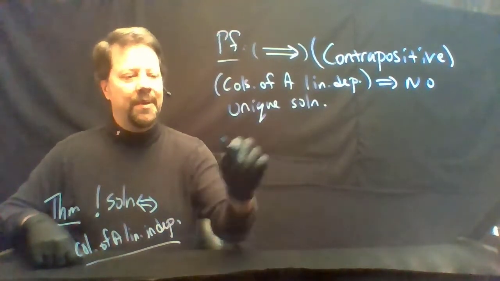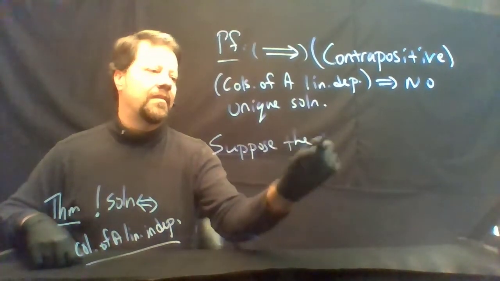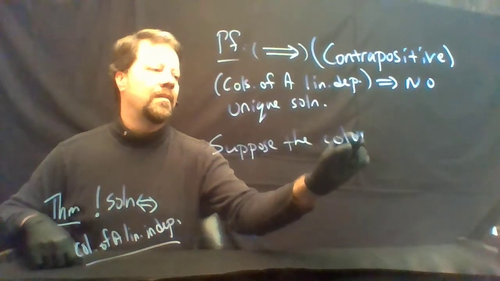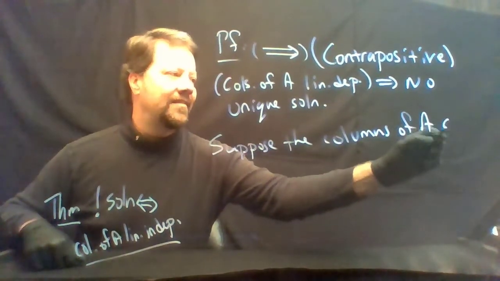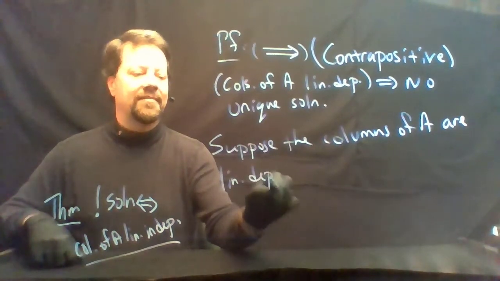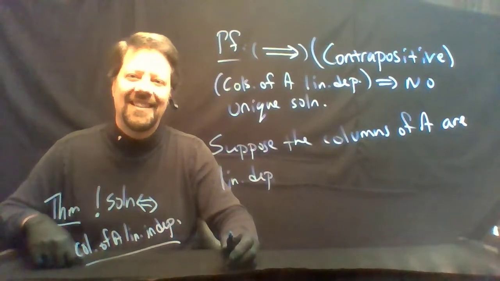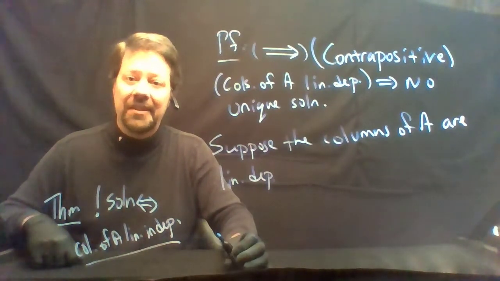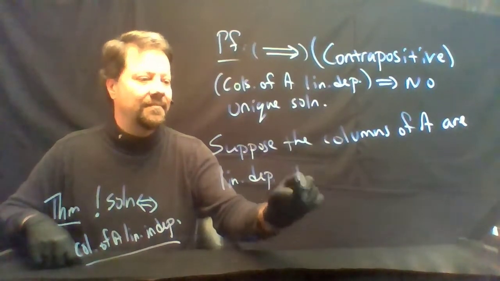So we're going to suppose the columns of A are linearly dependent. What does that mean? That means there's a non-trivial linear combination that gives you the zero vector.